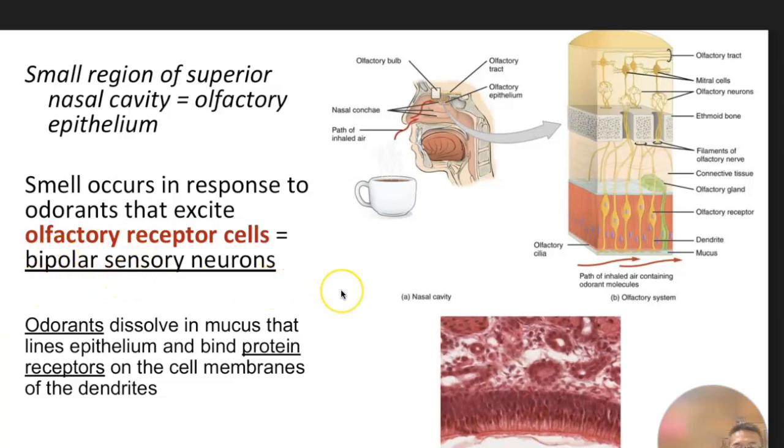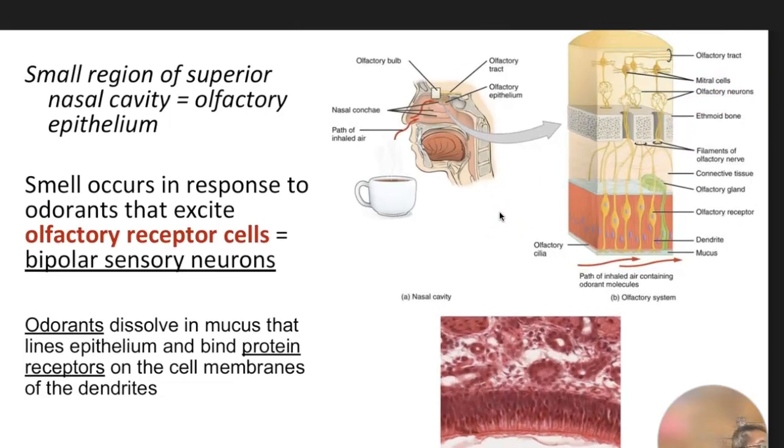Bipolar neurons are rare. All these chemicals get trapped in the mucus and dissolve in it, and then it initiates an action potential and sends it up to your brain. So here are the olfactory neurons. They're bipolar. Something to remember.